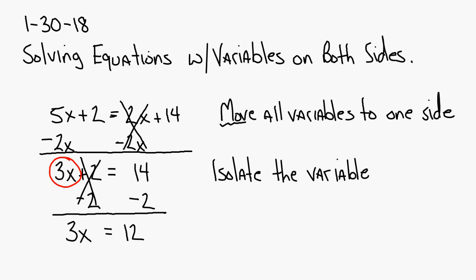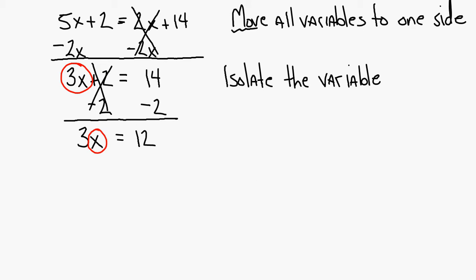You're still trying to isolate the x. You're going to do that by inverse operation. So the variable is being multiplied by 3 in this case, so you're going to divide both sides by 3. These 3's cancel, and x is equal to 4.